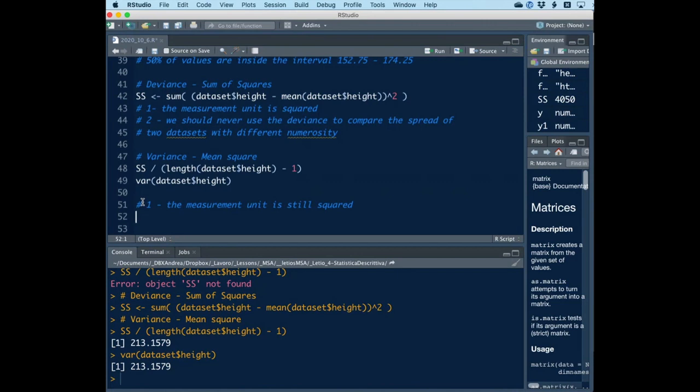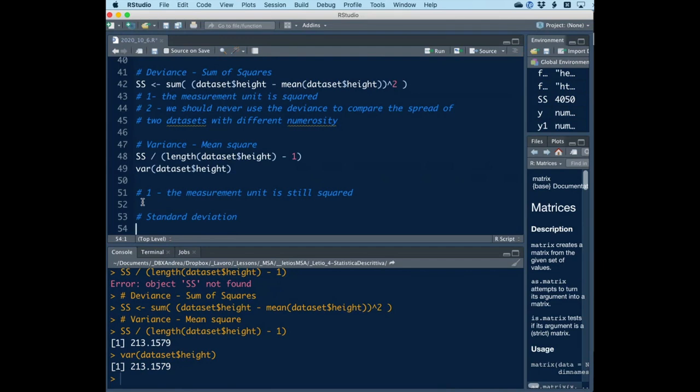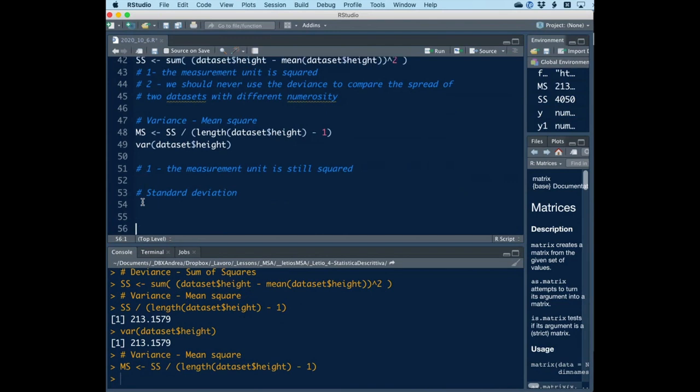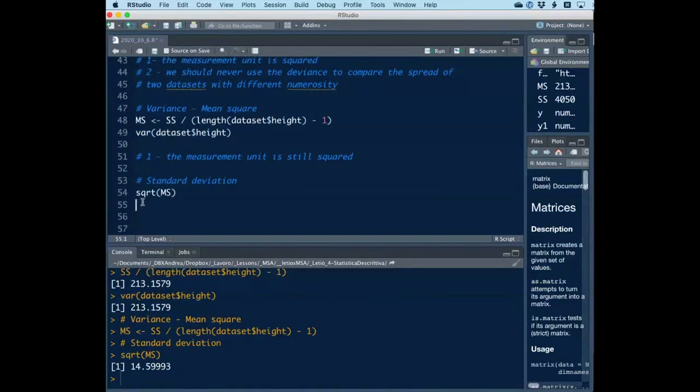So what do we do? We take the so-called standard deviation. That's the square root of the variance. So if I call the variance mean square, ms, then the standard deviation is the square root, sqrt, of the mean square. And of course, I have a shortcut here because I can use the function sd.